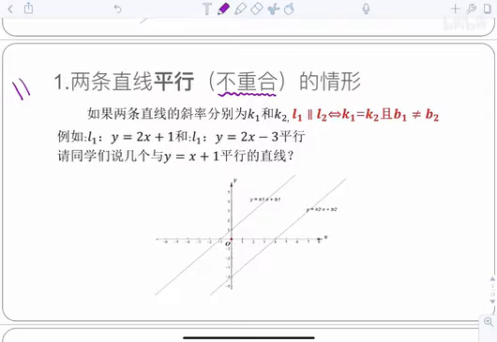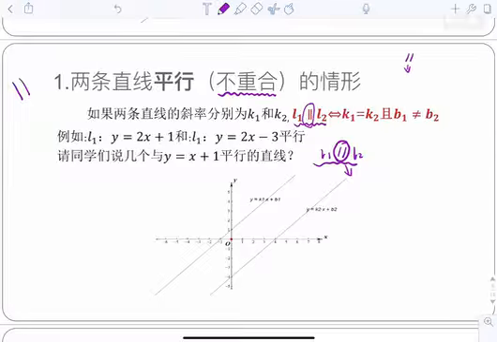So let's see this condition. If these two lines are parallel, it means L1 平行于 L2, and this thing is the shorthand for parallel. We use this thing to shorthand the parallels. If I tell you L1 平行于 L2, you can write down this 平行.